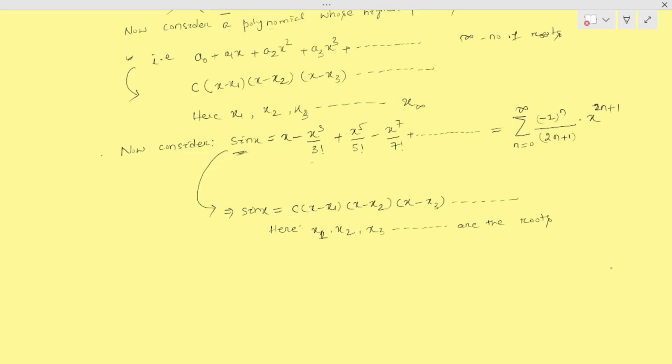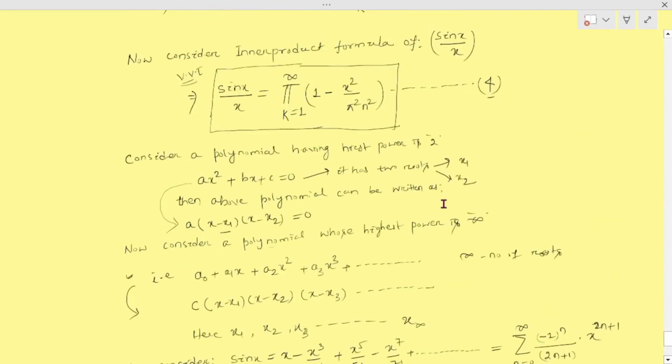Now consider this sin x in polynomial format. Polynomial format means sin x equal to 0. That means this one, sin x represented as an infinite product, or infinite number of terms multiplied with each other. If I write it equal to 0, then it will be called a polynomial, like this one.